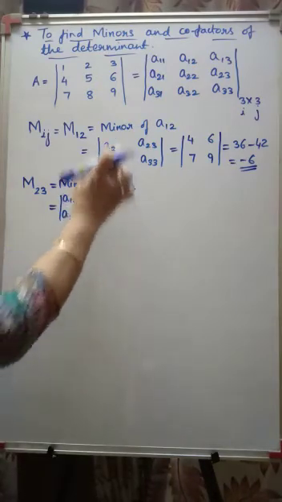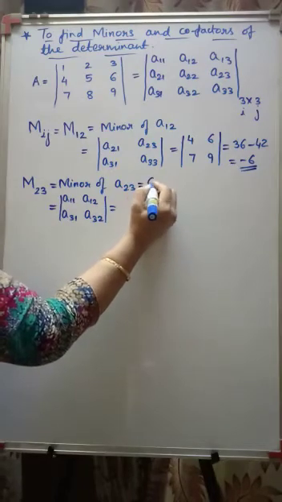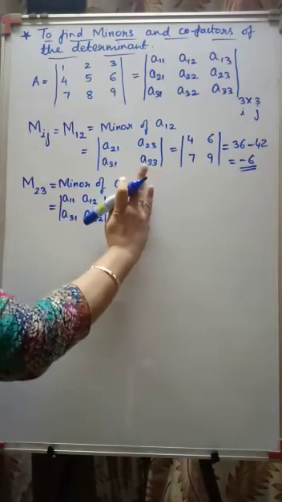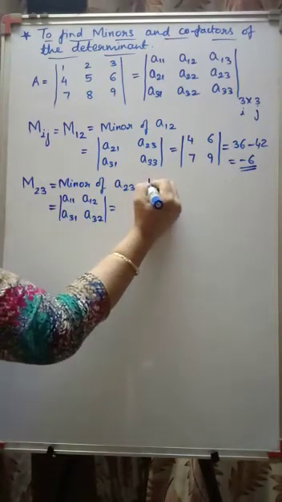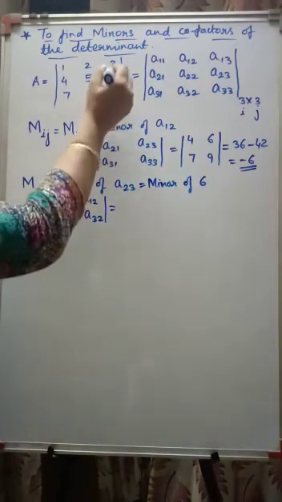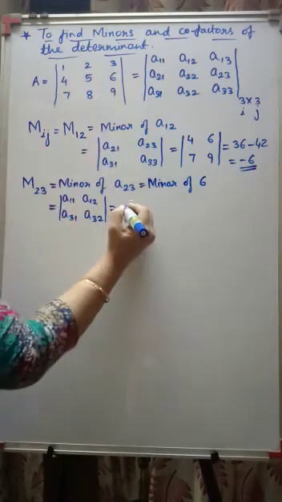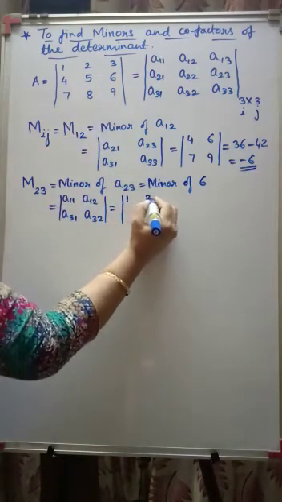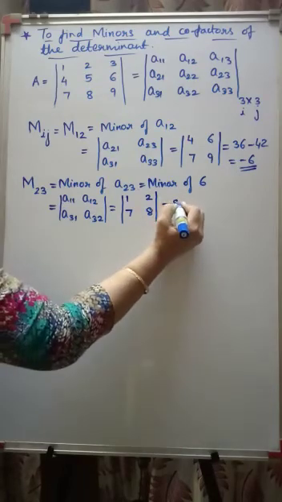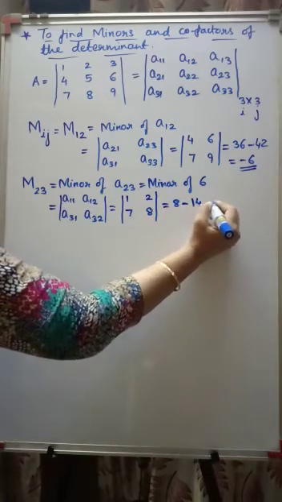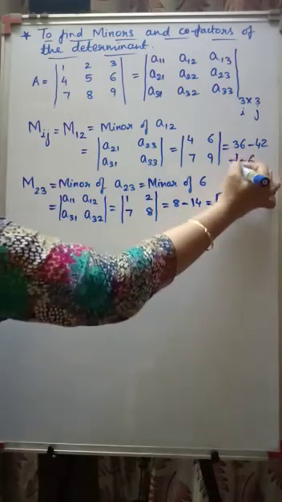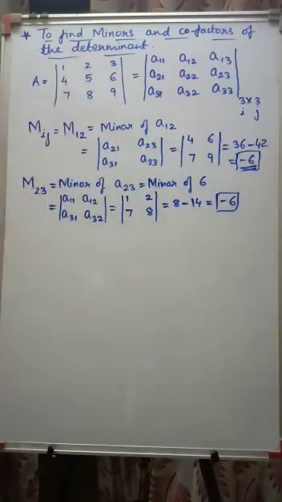The element A23 here is 6, so I should not write 6 here because we are finding the minor of 6. Cancel this column and this row, you get 1, 2, 7 and 8. So it is 8 minus 14, which is minus 6. This way you can find the minors of the others.